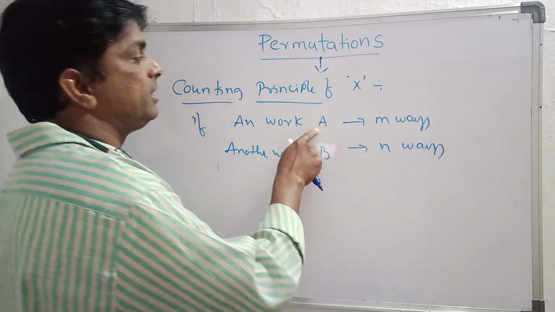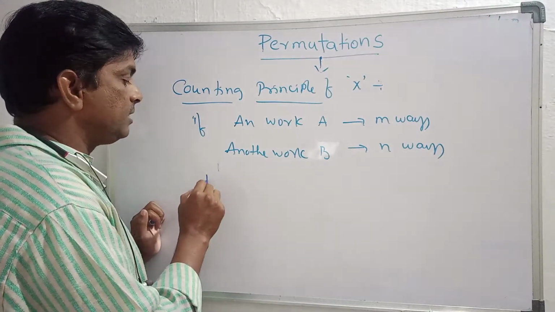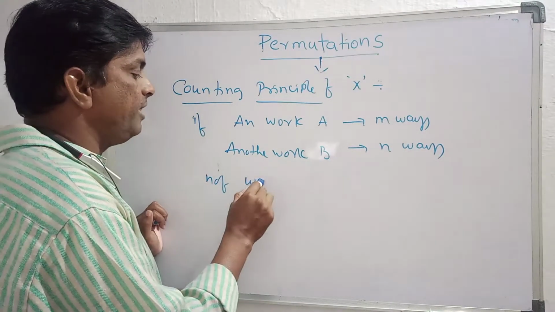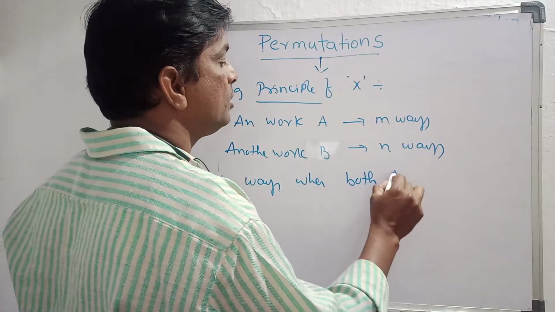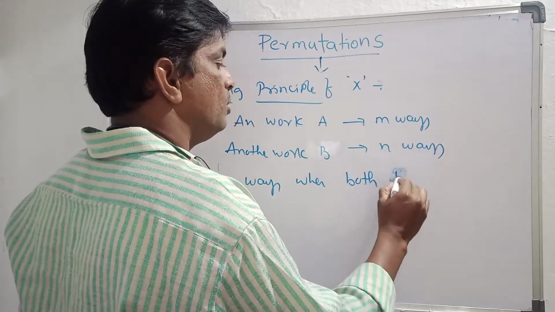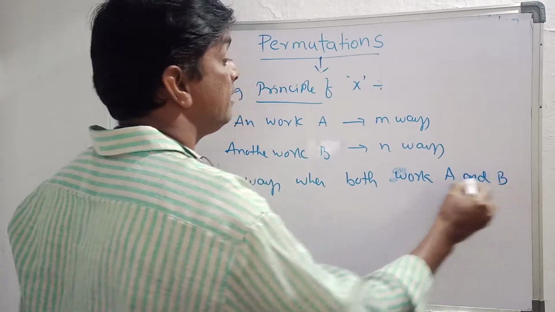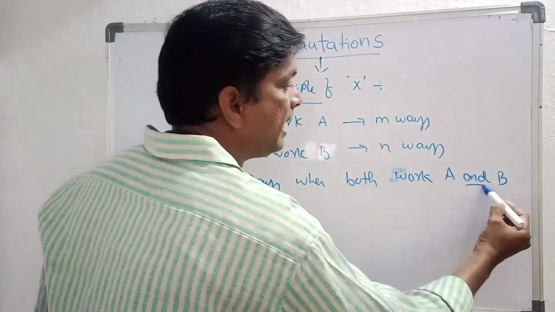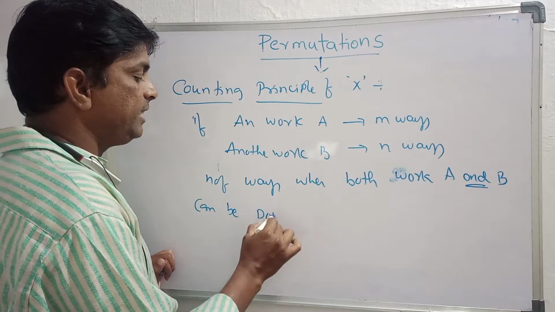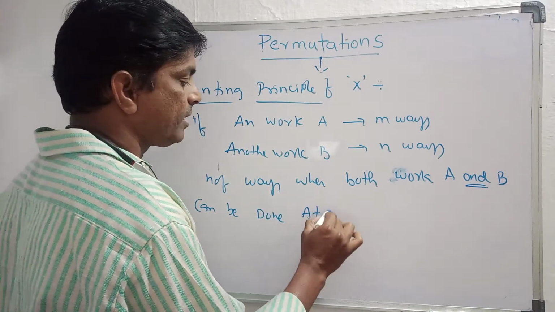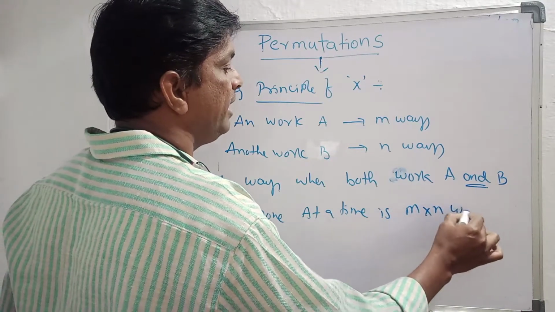Then the total number of ways in which both the works A and B can be done simultaneously, at a time, is M into N ways.